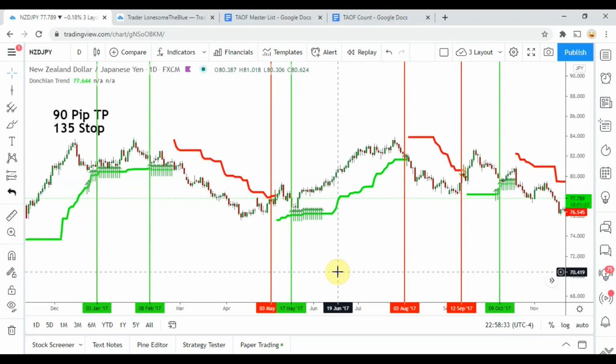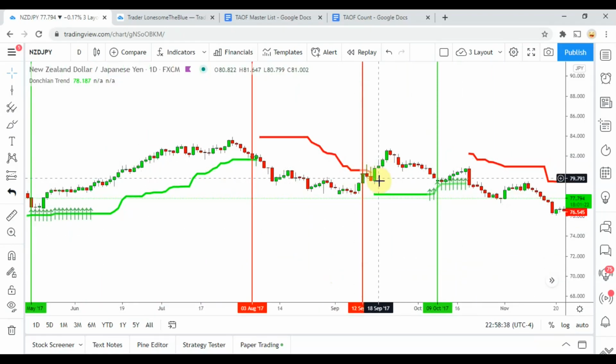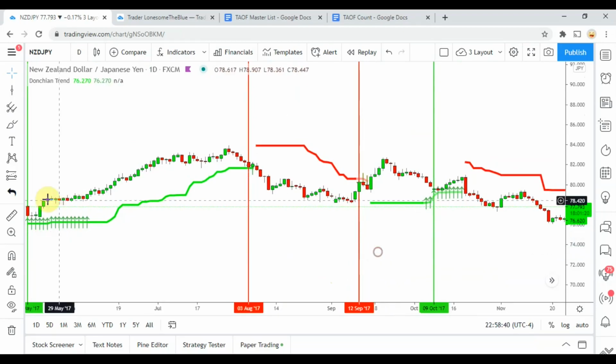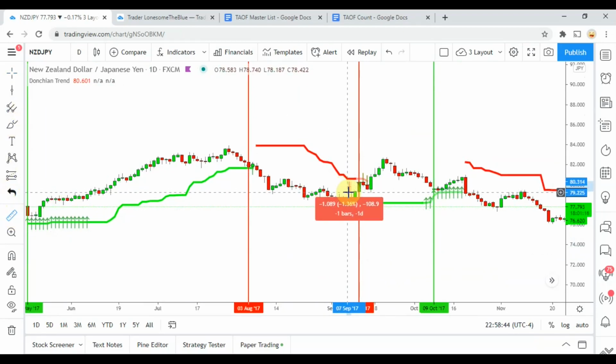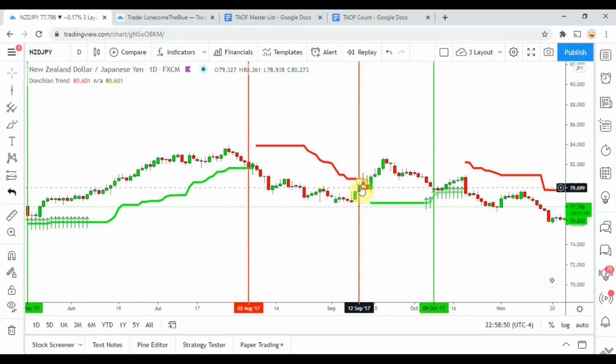And the one that they are referring to is this particular one right here. And Ant was actually correct in his assumption that it would have gotten to take profit. It actually got to about 113 pips right there on this particular one. So this here would have actually been a winning trade.